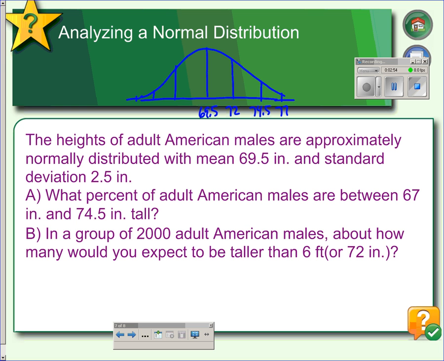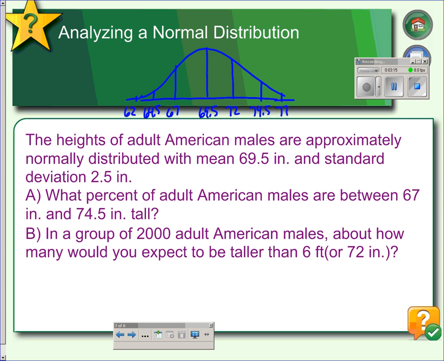Then going back to the mean and subtracting 2.5, we would get 67 and 64.5 and 62.